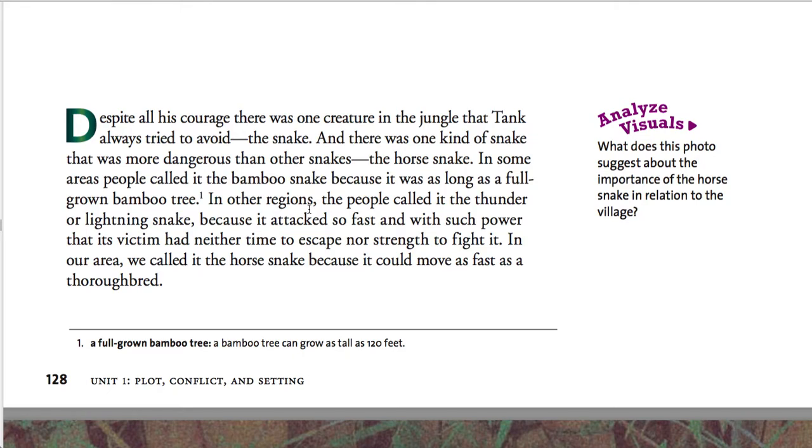In other regions, the people called it the thunder or lightning snake because it attacked so fast and with such power that its victim had neither time to escape nor strength to fight it. In our area, we called it the horse snake because it could move as fast as a thoroughbred.